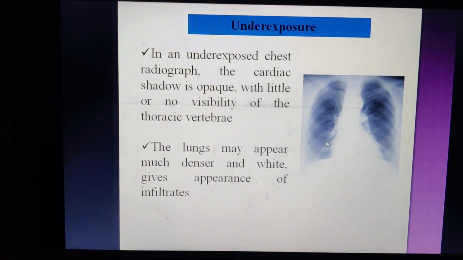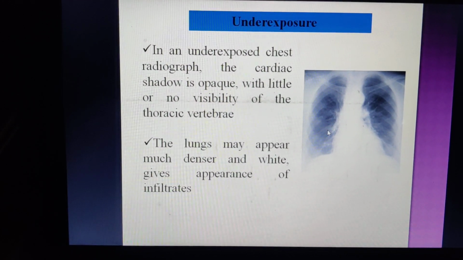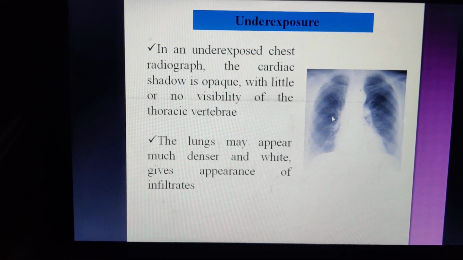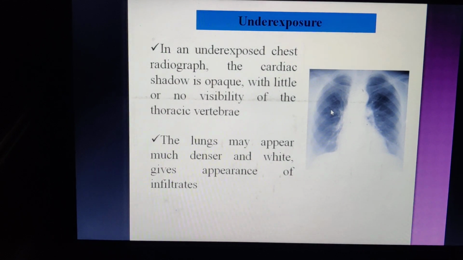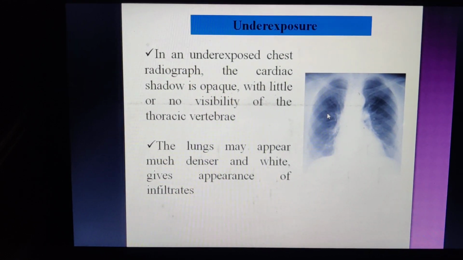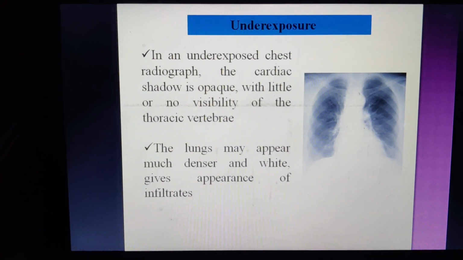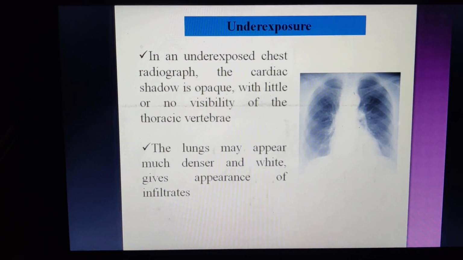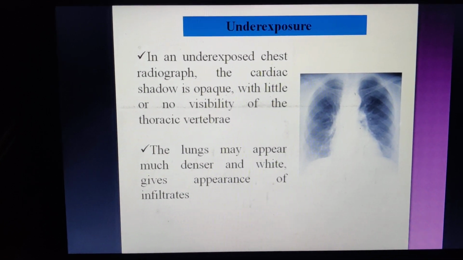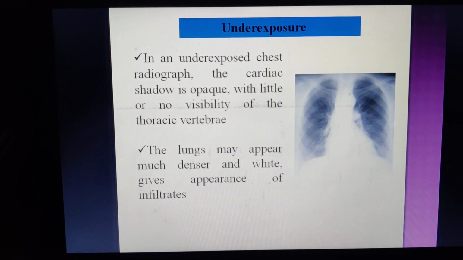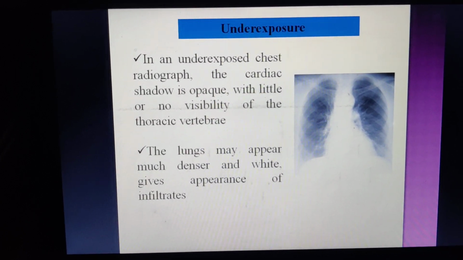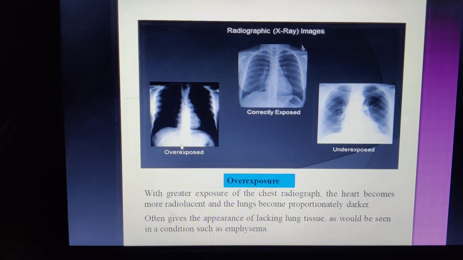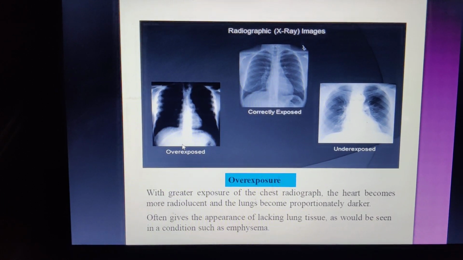These appear like infiltrates, but they are not, because of the underexposure. So always remember the film you are interpreting should have proper exposure. If it is underexposure, it is possible that in a normal X-ray you can interpret it as infiltrate having a cavity. And in overexposure, what are the drawbacks?